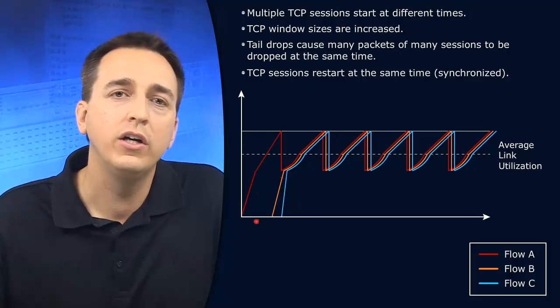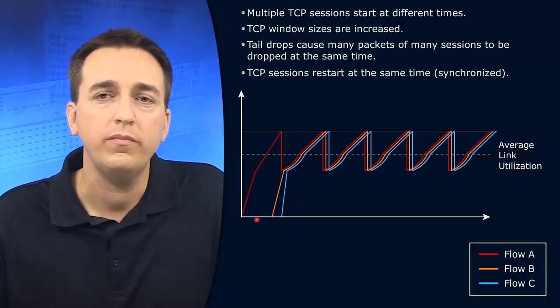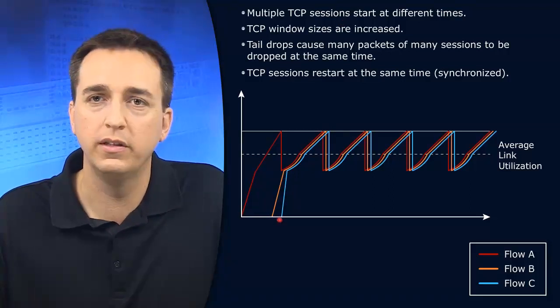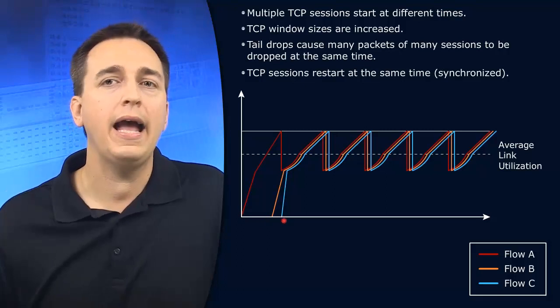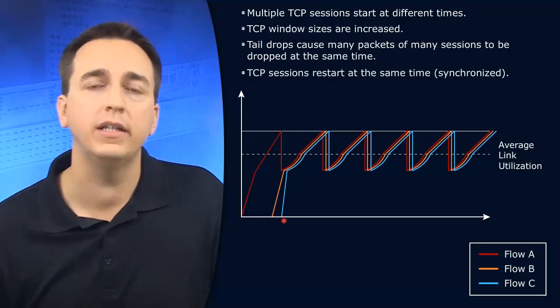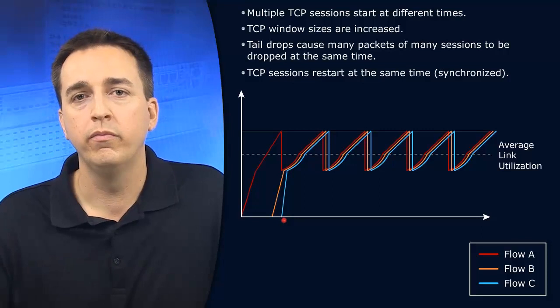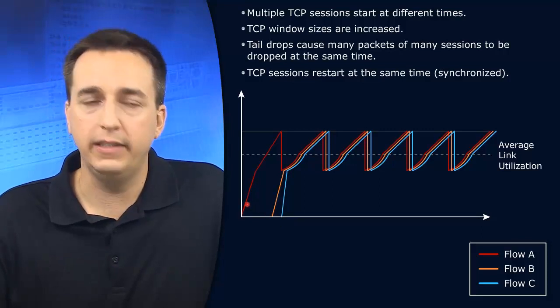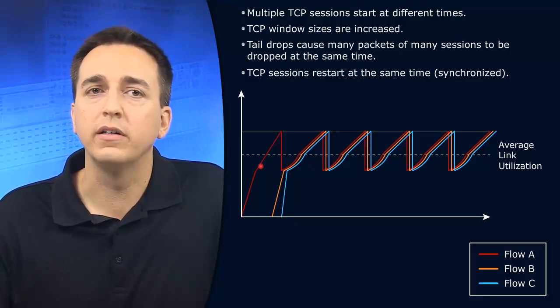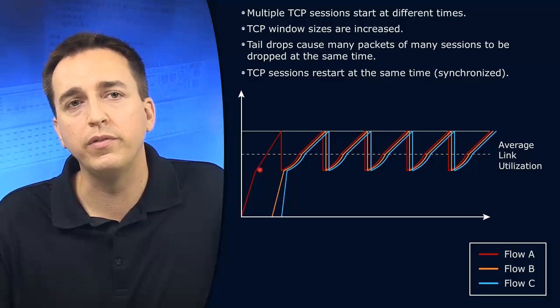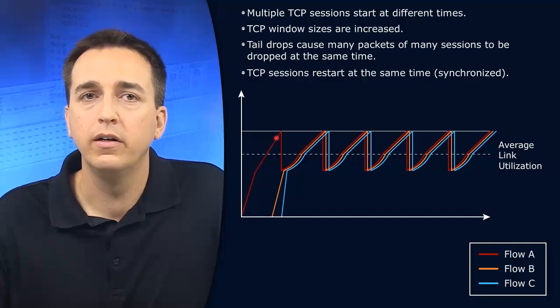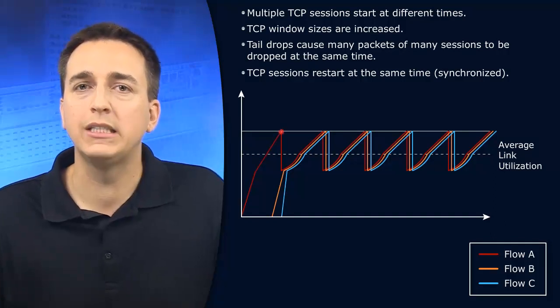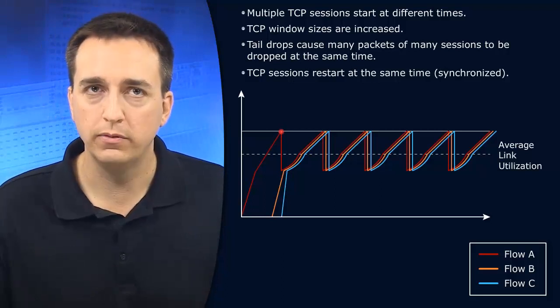Let's say we have 3 PCs, all of them with different flows. So flow A, flow B, flow C. And we have routers and switches in our network. We have our PCs sending their traffic. Notice here what happens. We have an abundance of traffic being sent, and then all of a sudden we're experiencing tail drop.